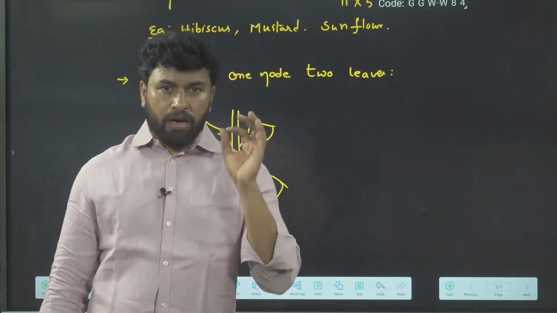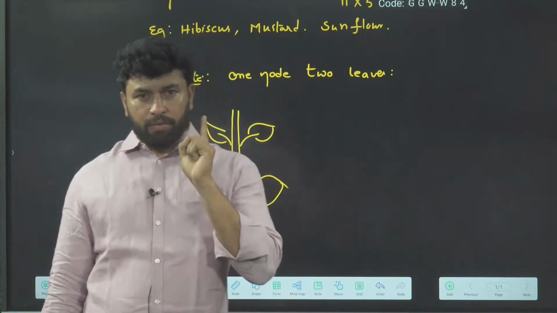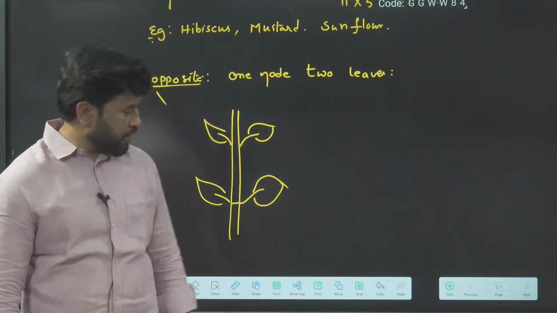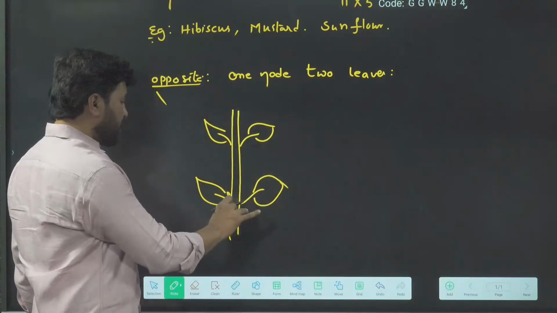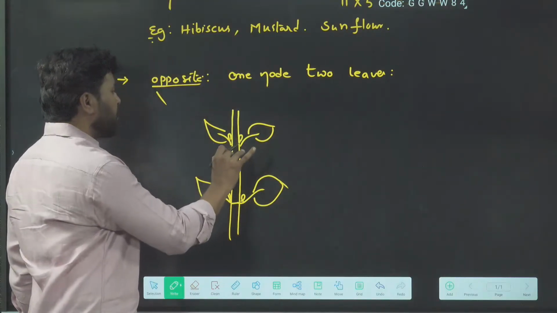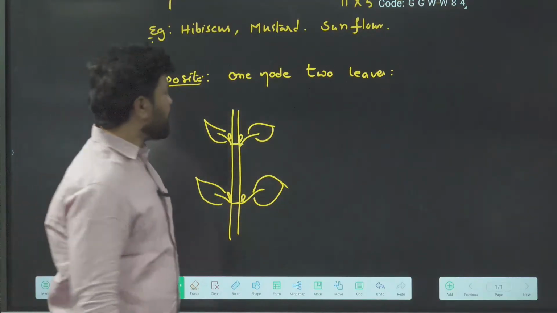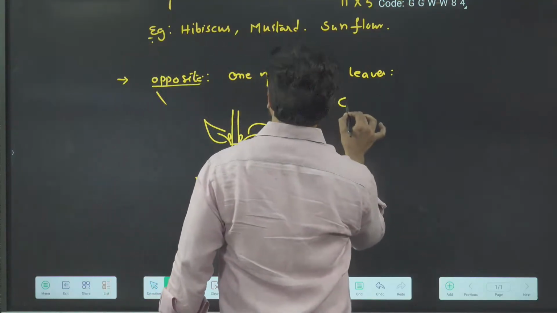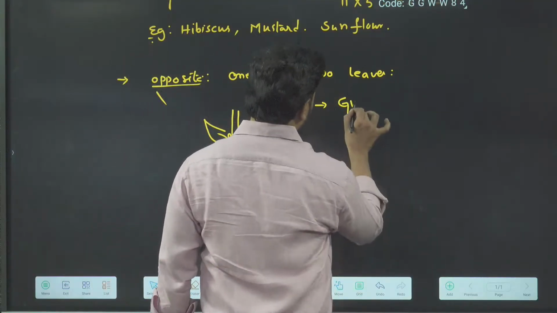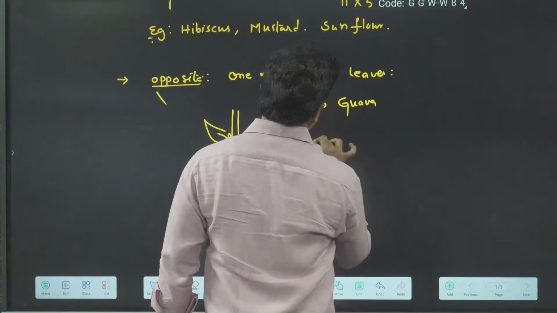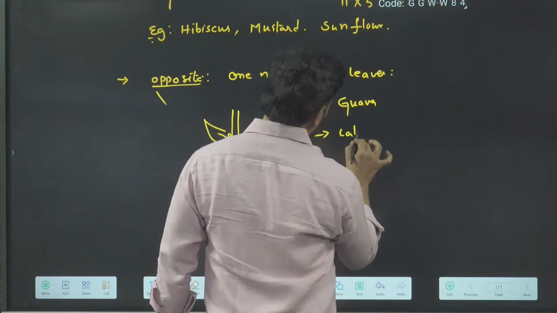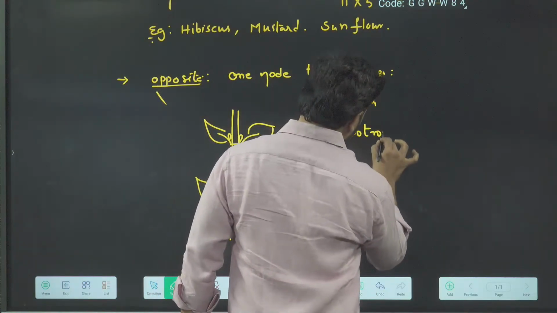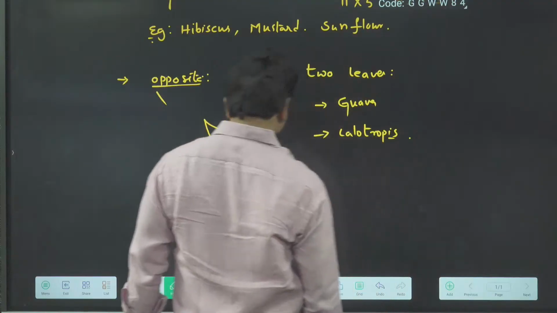That's wrong. Always one leaf, one axillary bud. So here two leaves we have, so there is a chance for the development of two axillary buds. The best examples to learn regarding opposite phyllotaxy: guava, and next, Calotropis. I will show you them.